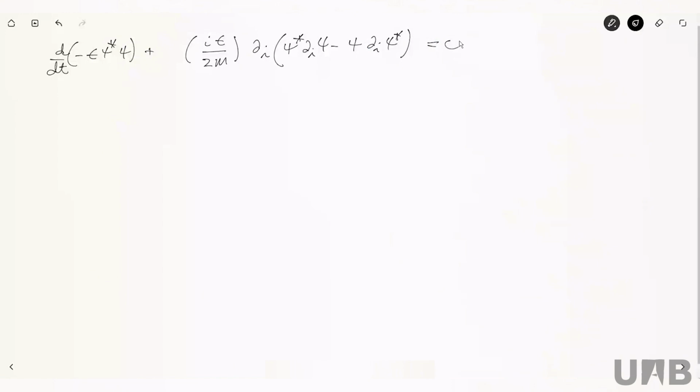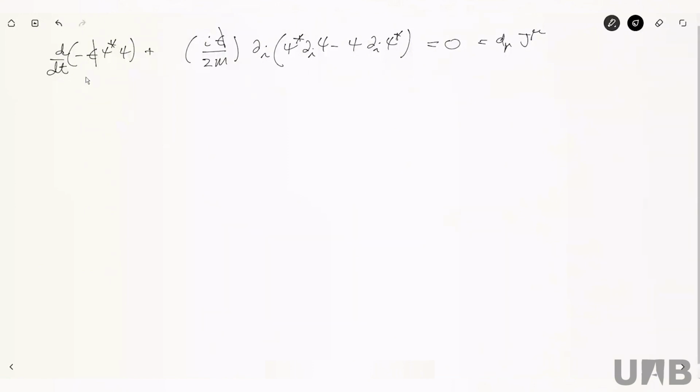And this whole thing has to be 0, because that is the ∂_μ j^μ of Noether's current. Now, this whole thing is 0 and does not depend on ε, which is a constant, so I can divide by ε. Epsilon should not appear here at all.